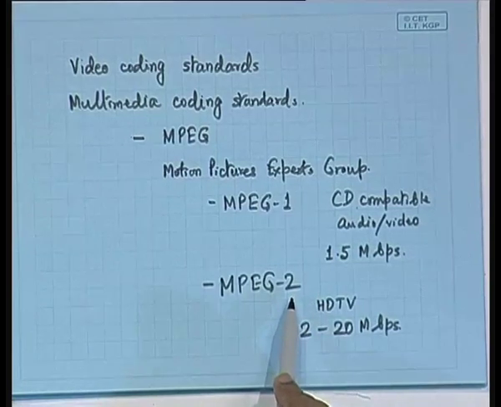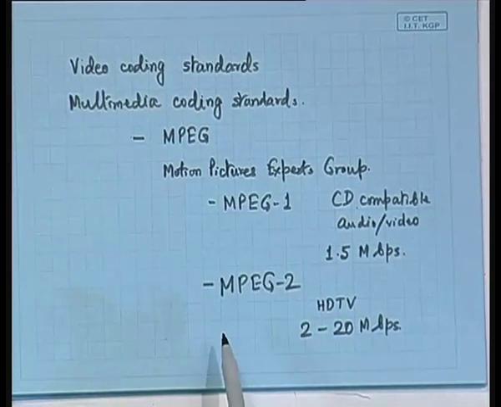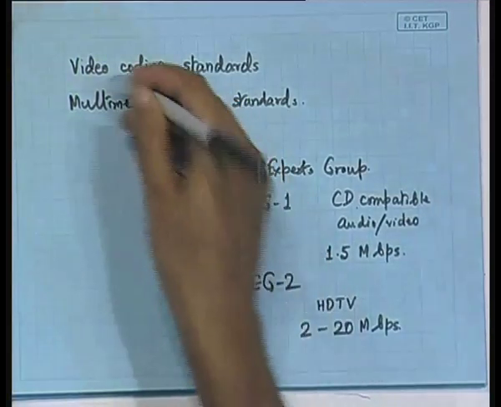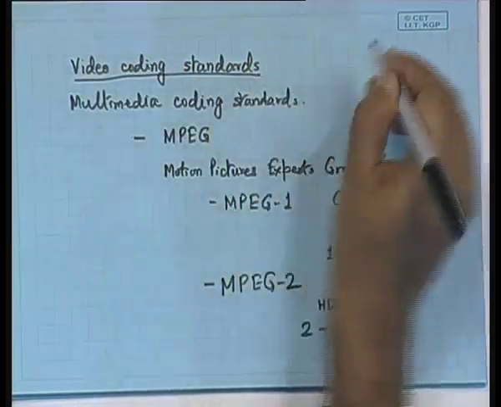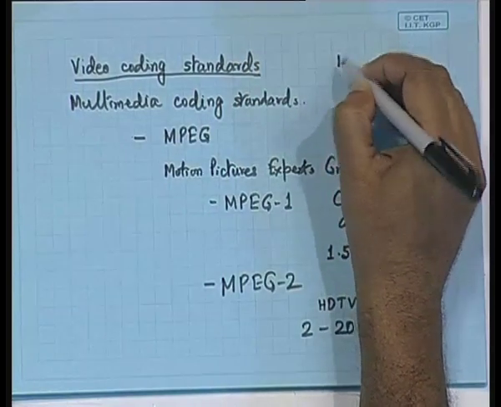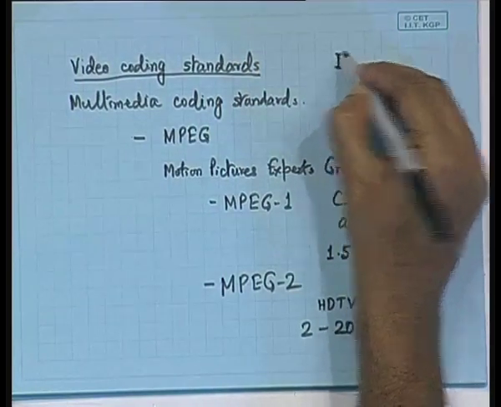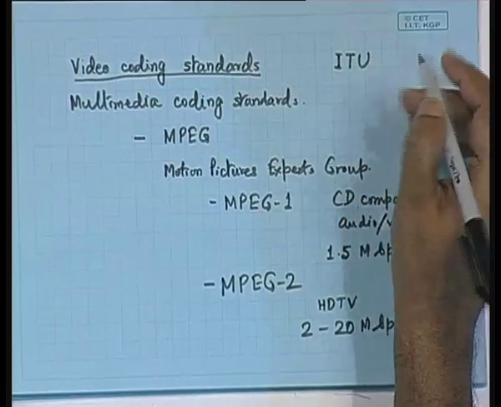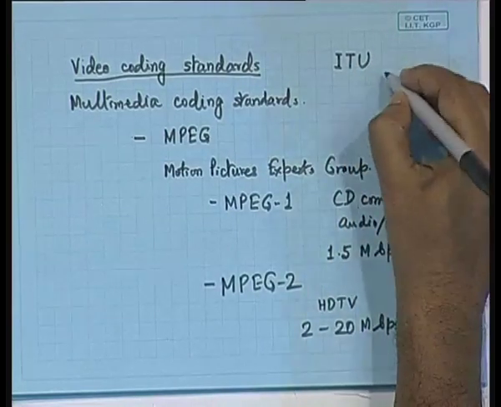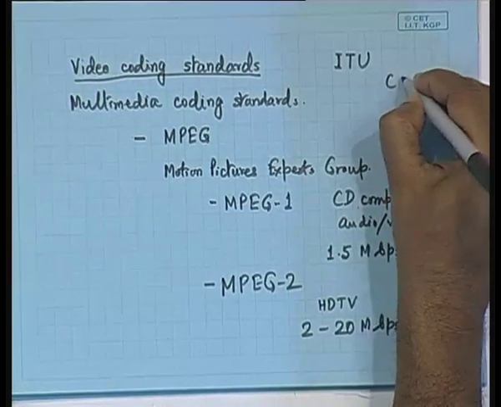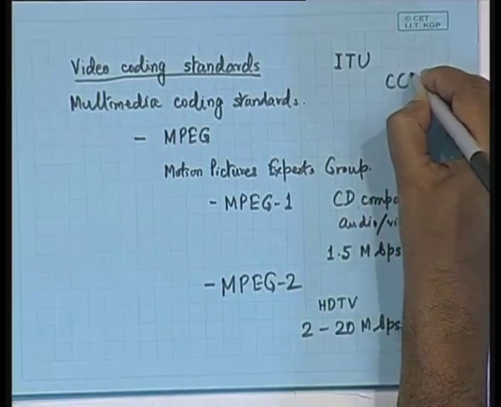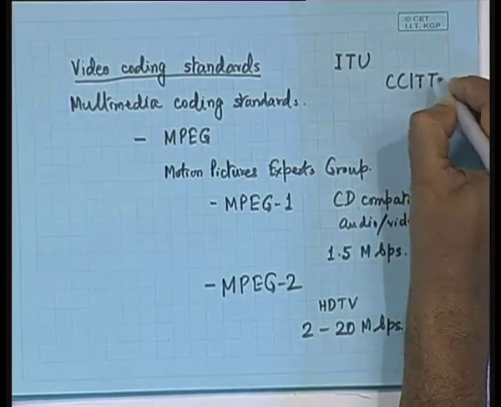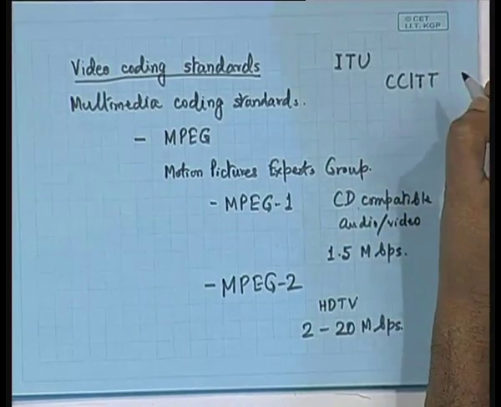So, that was MPEG, called MPEG 2, and there was another group called the International Telecommunication Union, ITU. In fact, ITU was formed out of the earlier group, which was called the Consultative Committee of International Telephones and Telegraphs, CCITT.